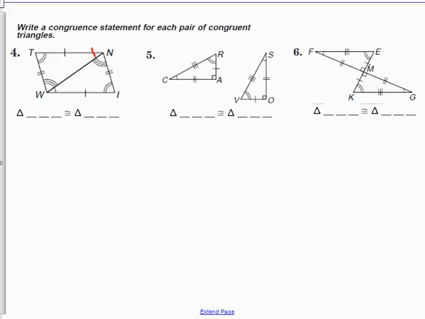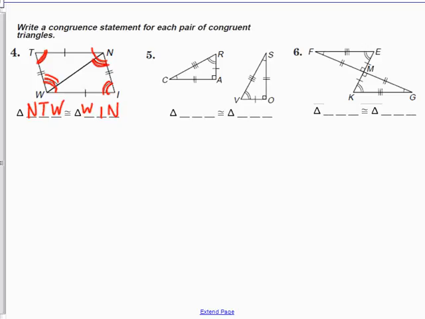So here's 1, here's 2, here's 3. I'm going to call this triangle NTW, 1, 2, 3. Now on the next triangle, I'm going to do the same thing. 1 is W, 2 is I, and 3 is N.